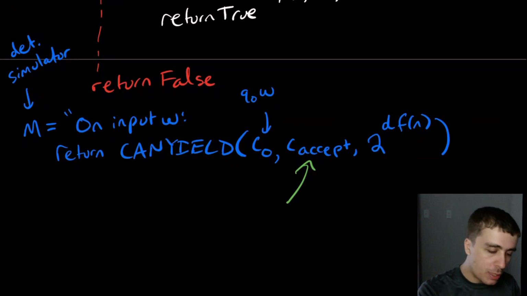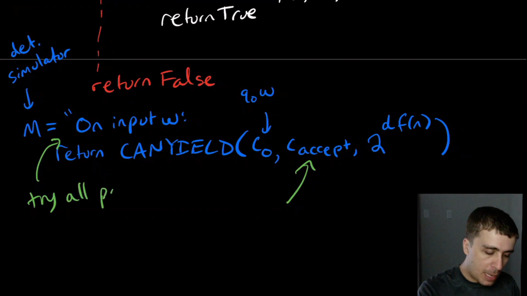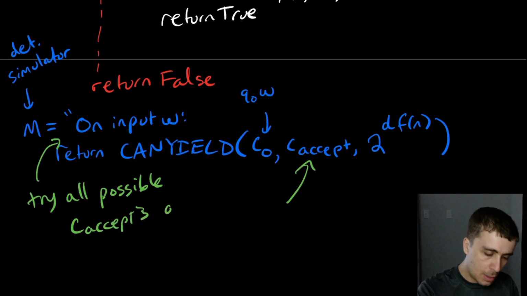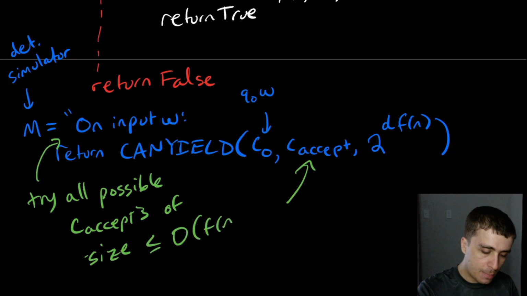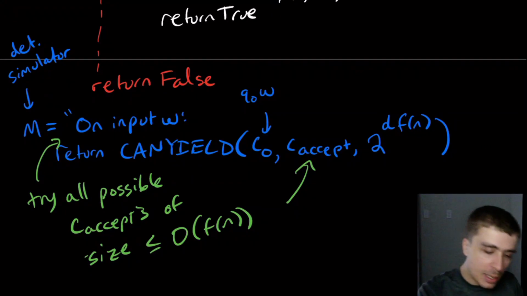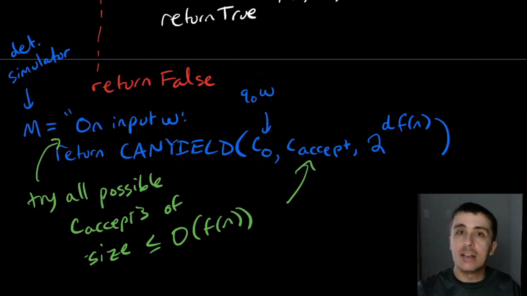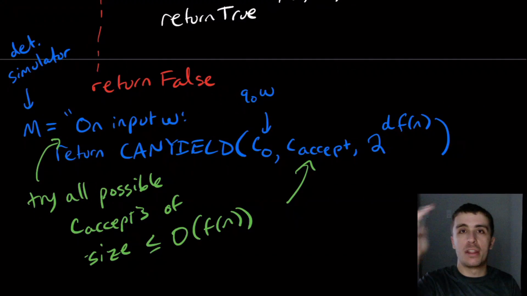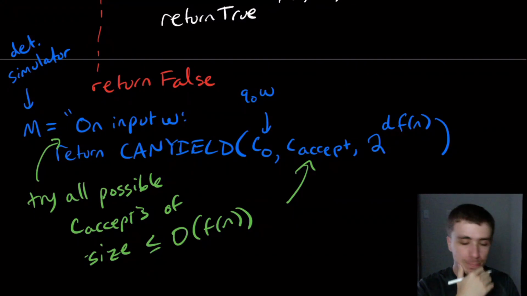So what we should really do here is to try all possible configurations C that accept, of size at most big O of f of n, or whatever the constant actually is. Okay, so we're going to look at every single one of these candidate yields, and if any of them work, then we will return true.